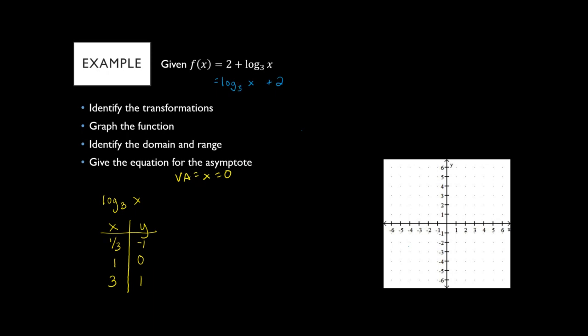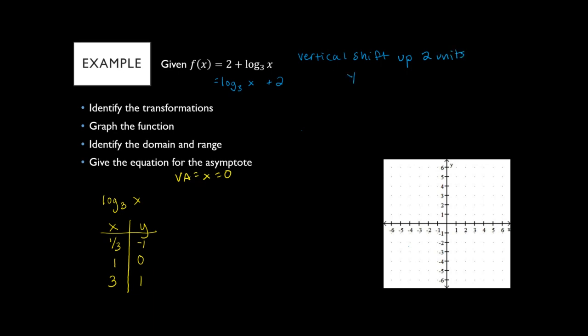So that plus 2, this is a vertical shift up and down because we're adding 2 to a y value. So we have a vertical shift. And because it's a plus 2, we're moving up. So we're moving up 2 units.